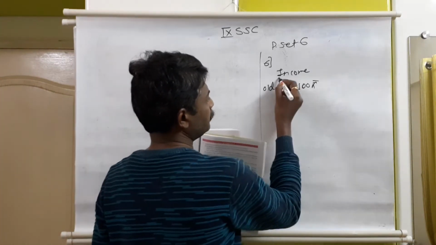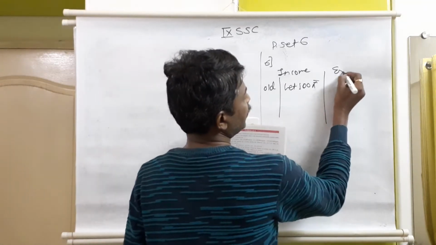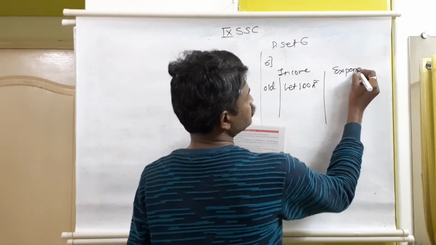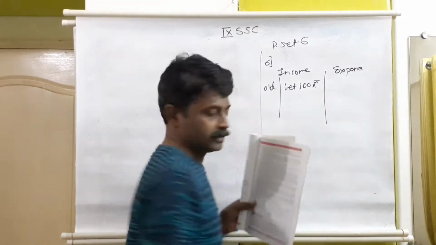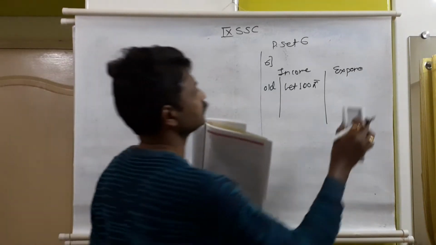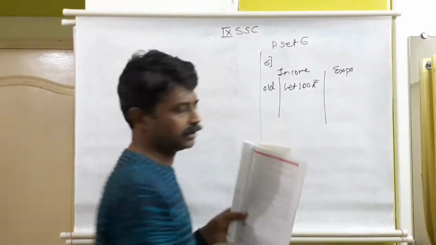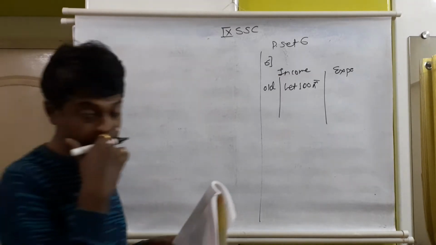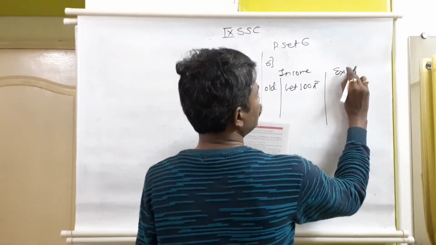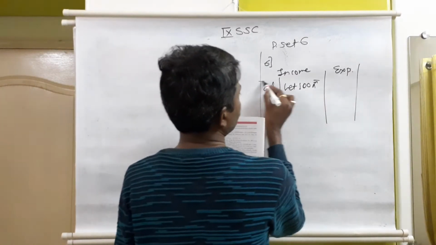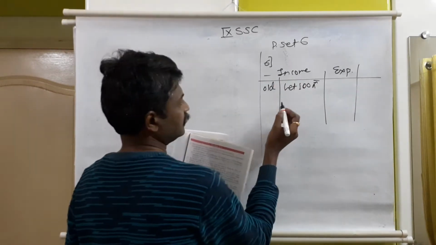So here income, here expense. We'll write it in short because we need a third column for saving also.